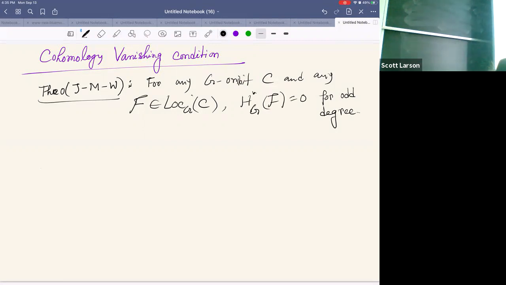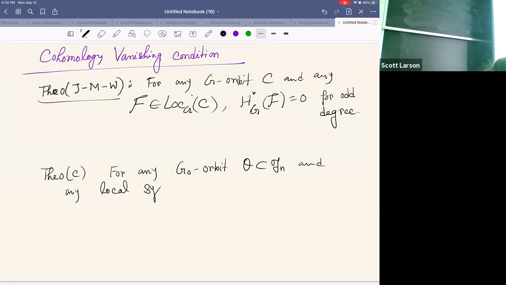The theorem I proved is that for any G0 orbit O in Gn and any local system L in the G0 equivariant setup on O, I have the G0 equivariant cohomology of L to be 0 for odds.